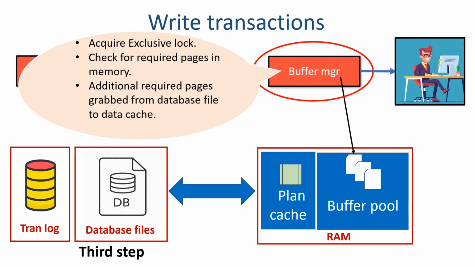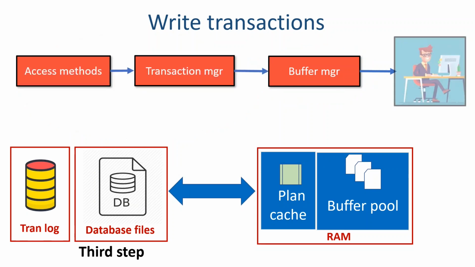If it doesn't find some or any of them, it will grab those pages in the form of 8 KB pages, just like the read transaction, put them in the buffer pool, do the modification there, and send the results to the user saying it has successfully completed.